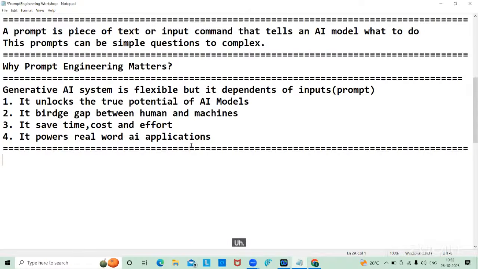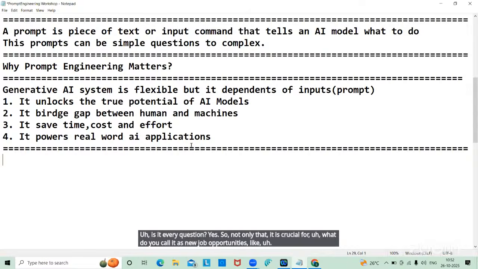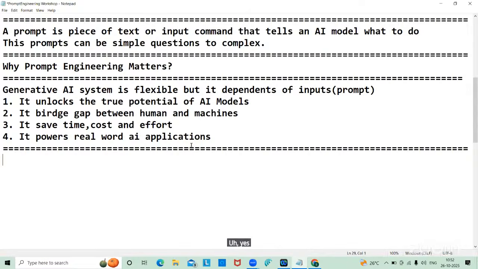Is it every question? Yes. So not only that, it is crucial for new job opportunities, which include new jobs like prompt engineer and AI trainer. So AI trainer means a prompt engineer can train an AI model also.